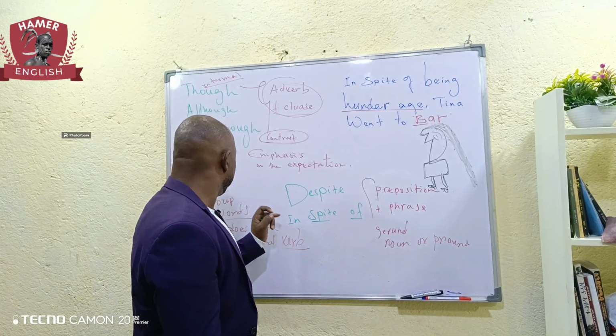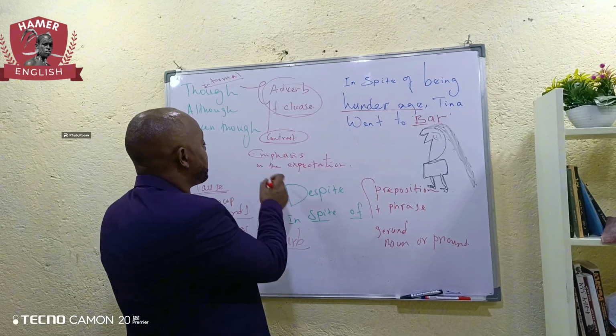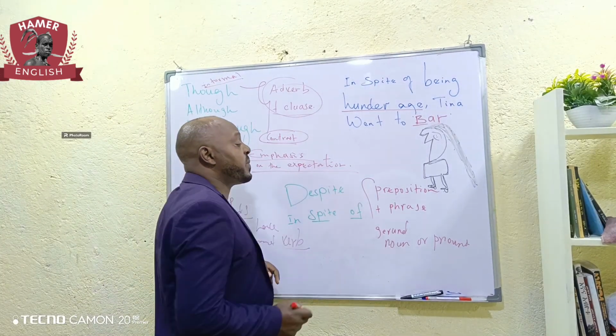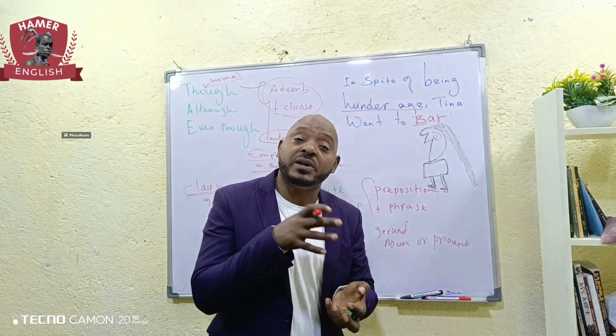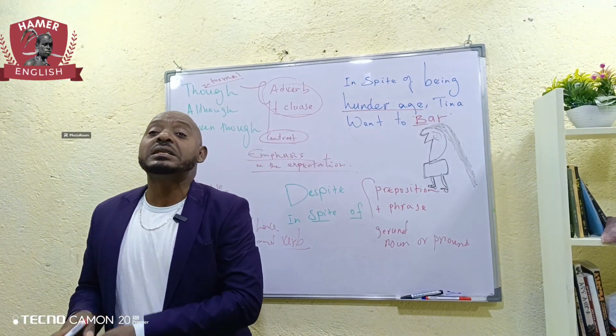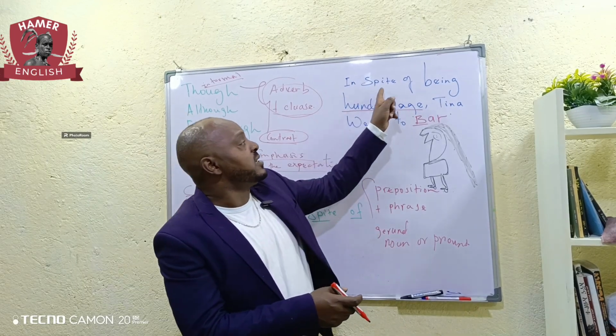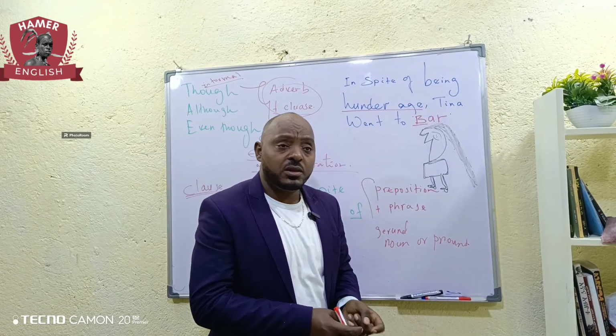Right? So, look. Emphasis on the expectation. Expectation means what we expected does not happen. For example, look at in spite of being underage.